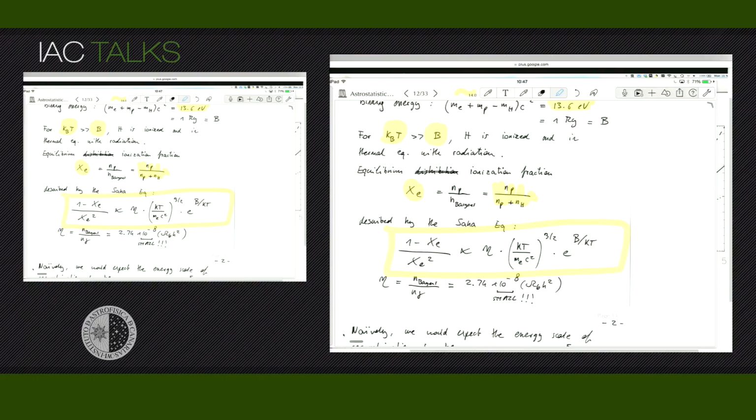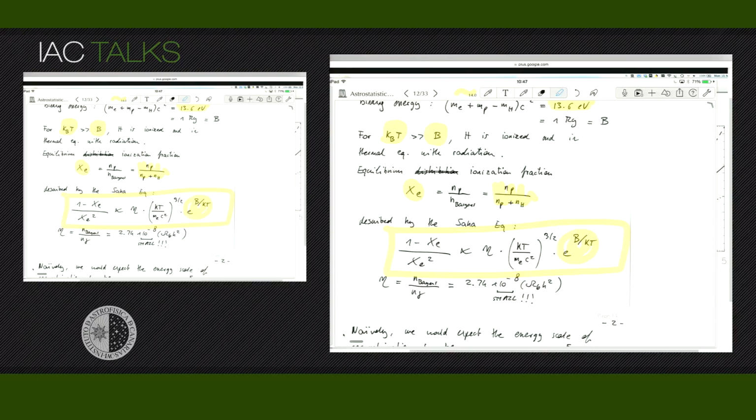Xe equal to 1 means that the universe is fully ionized, and Xe equal to 0 means that the universe is fully recombined. And the right-hand side is a function of temperature. You can see here in the exponent, you've got the binding energy divided by the temperature of the photon bath, as you would expect.